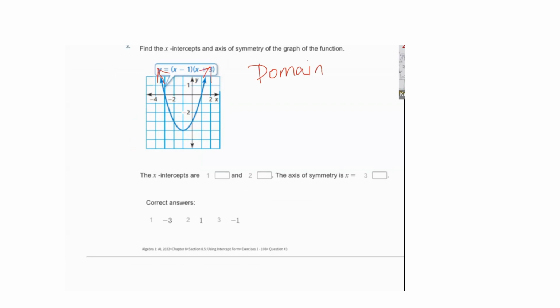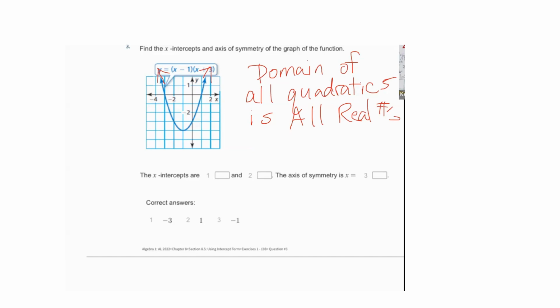Well, the domain of all quadratic functions, you may want to make a note of this, is all real numbers. And then another way that you might see that abbreviated is like this. x is an element of all real numbers, like that.